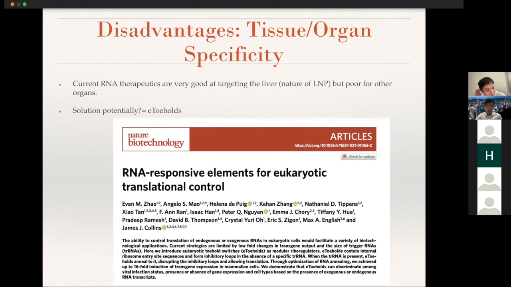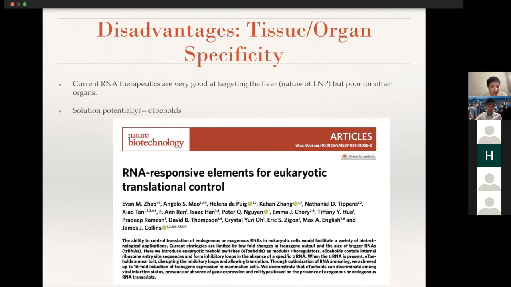Only when a specific trigger RNA sequence anneals to the toehold switch does the inhibitory loop get disrupted, and translation can then proceed. This means that RNA therapeutics could be supercharged, as it would allow for the restriction of a specific type of treatment to a specific type of cell, even with systemic dosing.